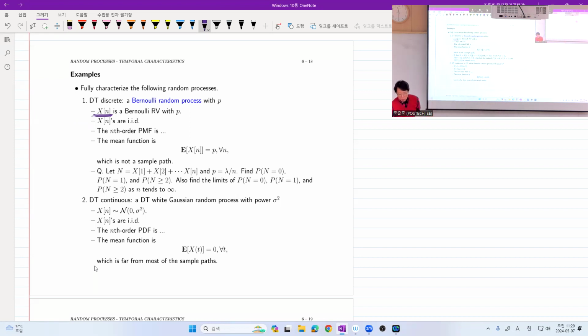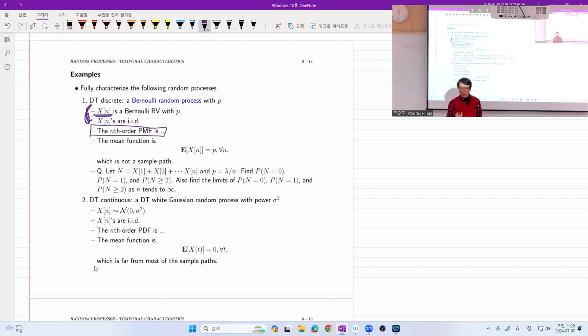Now, let me ask you a question. Is the previous statement, X[n] is a Bernoulli random variable with parameter p and the X[n]'s are IID, do these two lines fully characterize this random process?